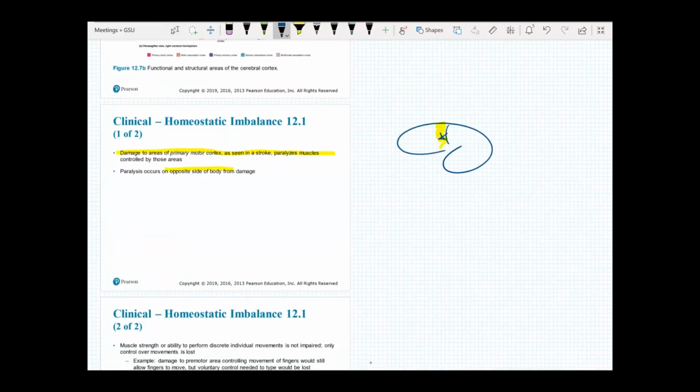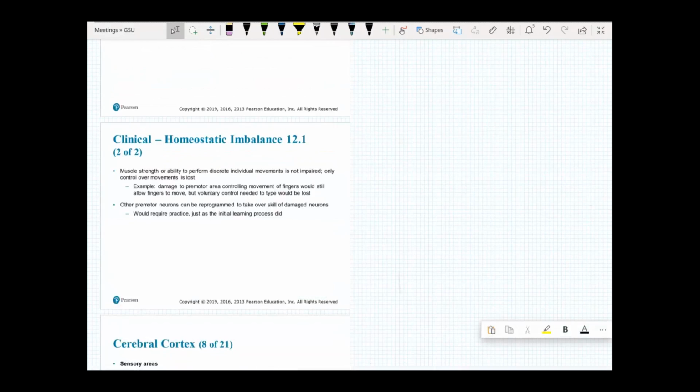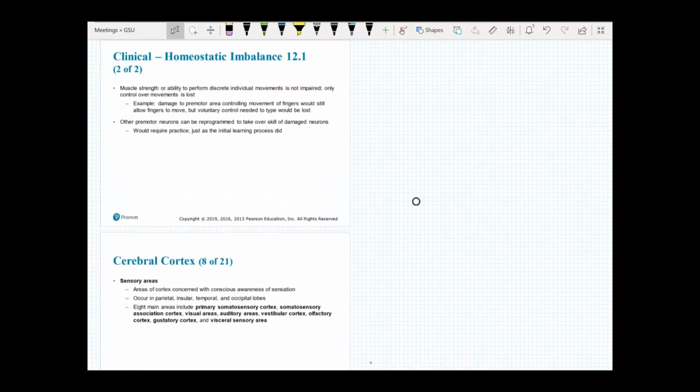If there is damage right here, then the other side of the body of whatever that is responsible for will be paralyzed because that muscle is no longer being controlled by the brain. So that's what happens a lot with stroke victims, where they have a stroke on one side of the brain and the other side of the body is impacted.